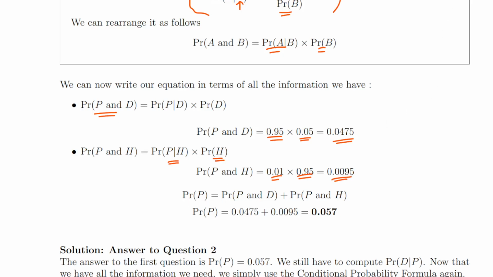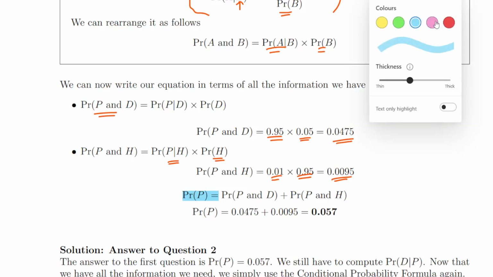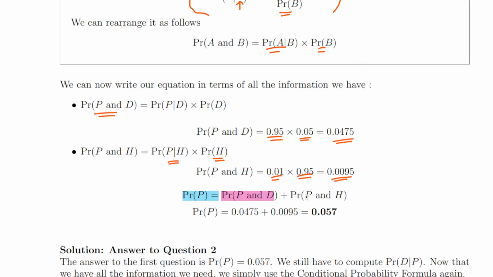Putting those together, the probability of P is the probability of P and D plus the probability of P and H, 0.0475 plus 0.0095. Working that out, it becomes 0.057. That's the answer to question 1.